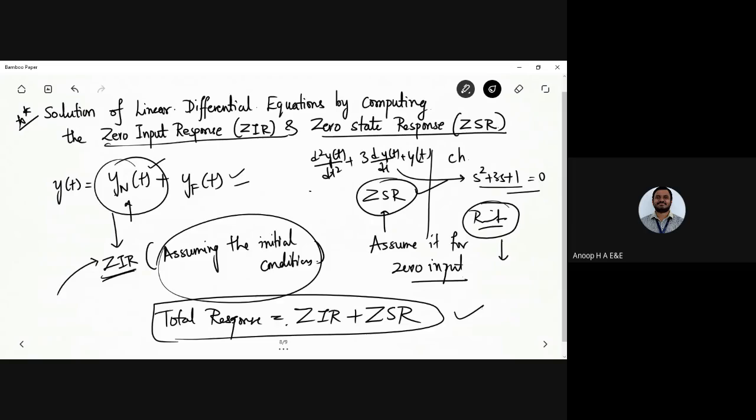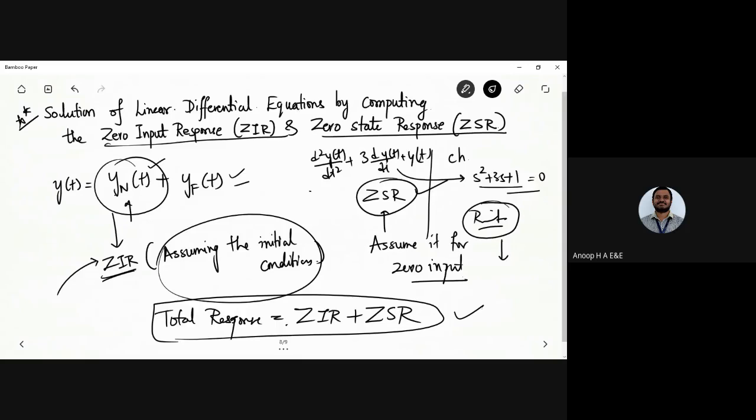Next, the forced response of a system: you are going to calculate it depending on the input. With the input known to you, you write the structure of the forced response depending on the table. After finding the equation, that is yf double dash of t plus 3 times yf dash of t and so on, you are going to calculate k1 and k2, the constants.